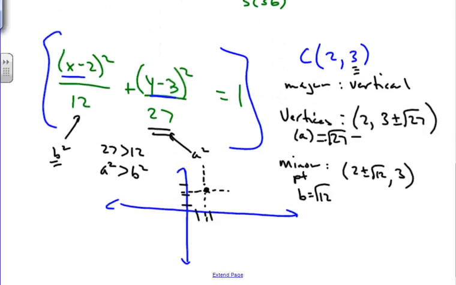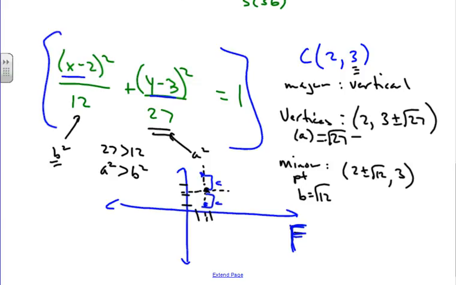Our foci, I'm going to put this in blue, come from a c value. The c value is on the major axis, and it's somewhere right here. We have 2 of them, which are c units away. Well, where do you find the c in the equation? You don't.